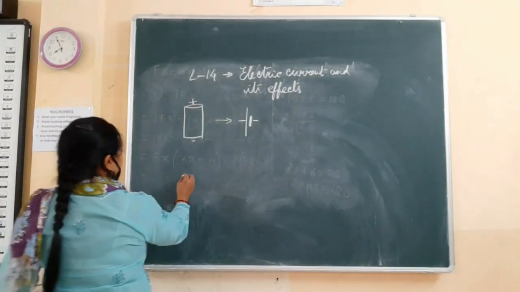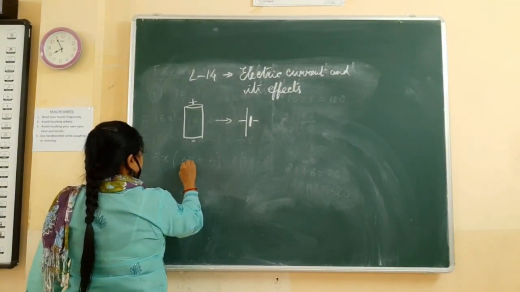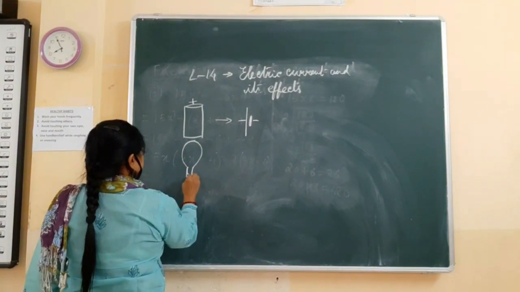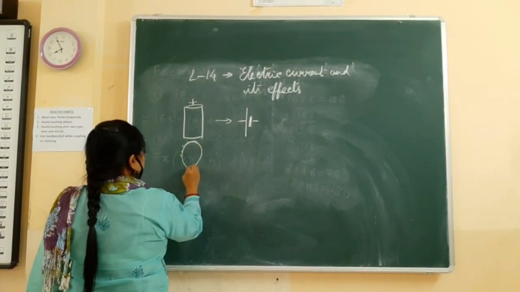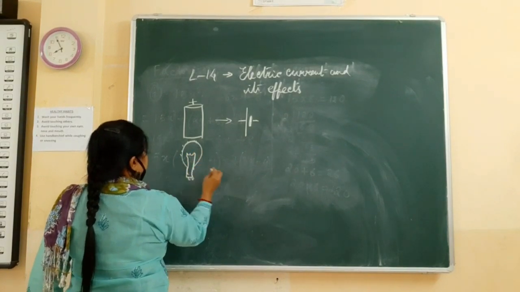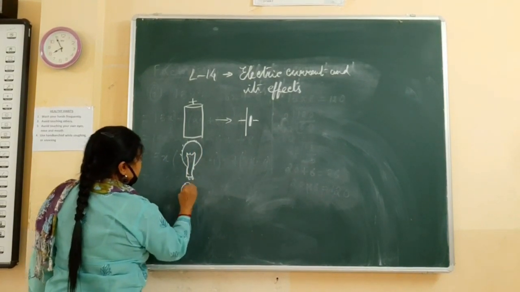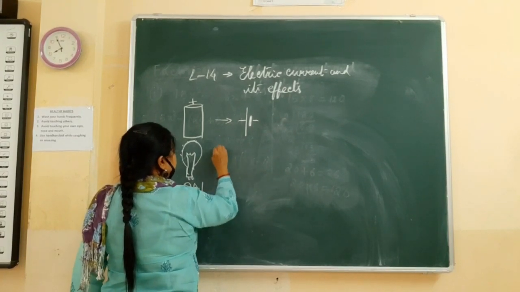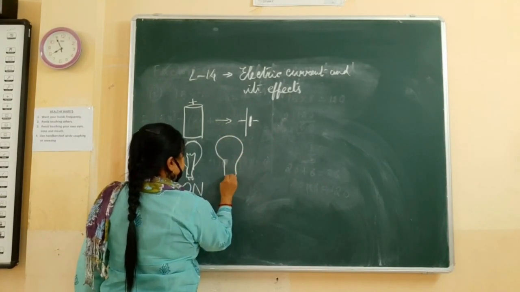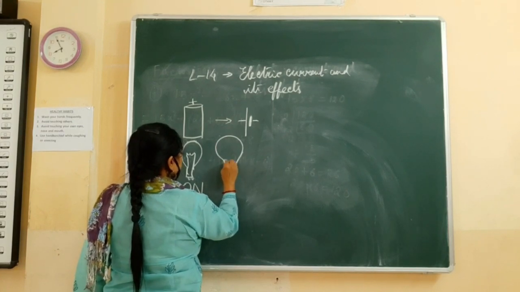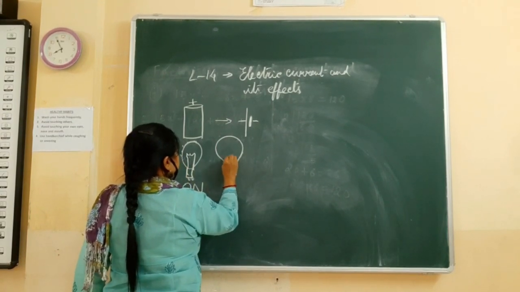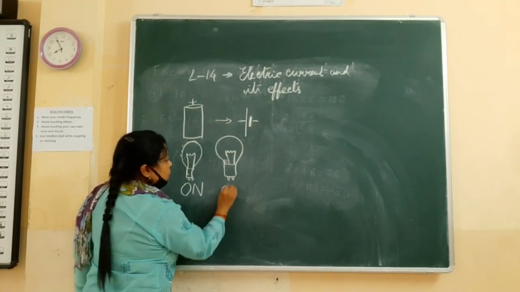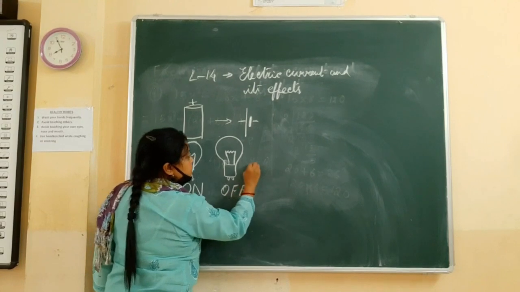This is the actual diagram of the bulb in on position, and this is the bulb in off position.